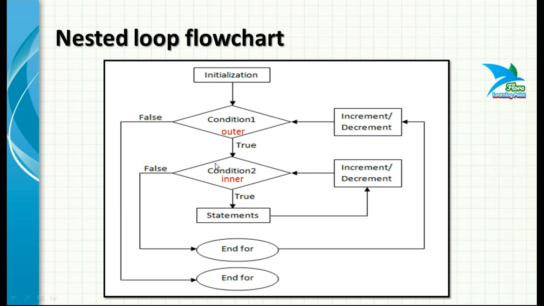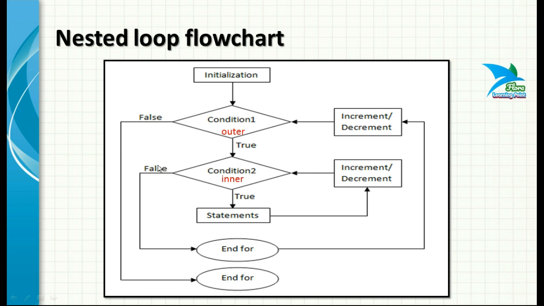After performing the increment or decrement, control moves again to check the condition. If the condition is again true, then the statements inside the inner loop get executed, and again the same procedure follows.